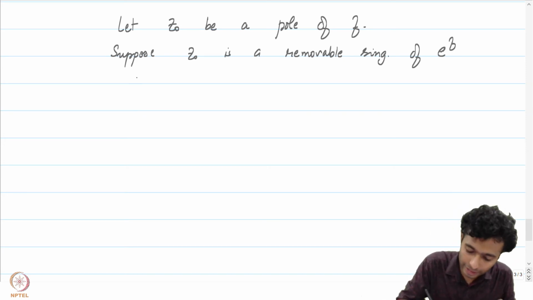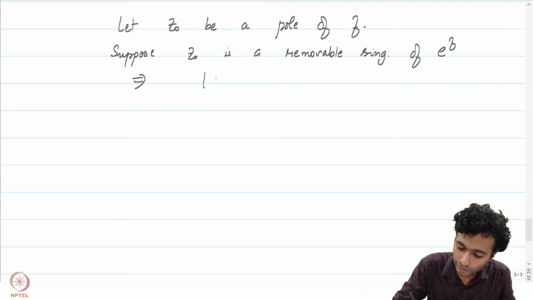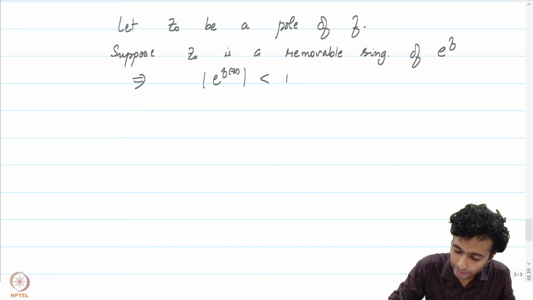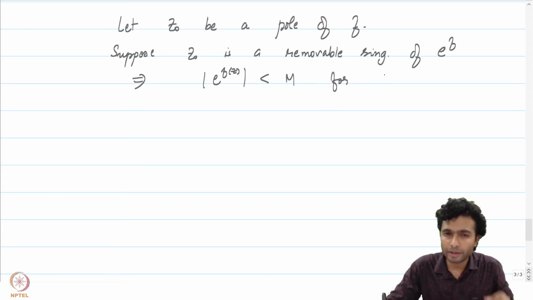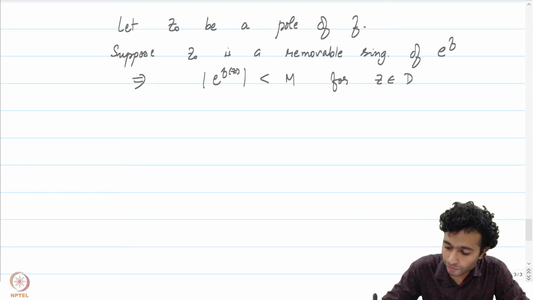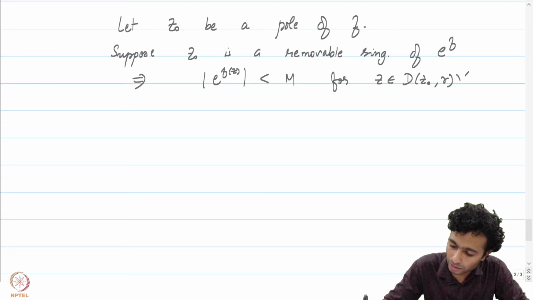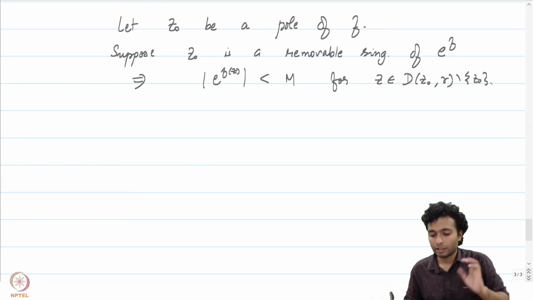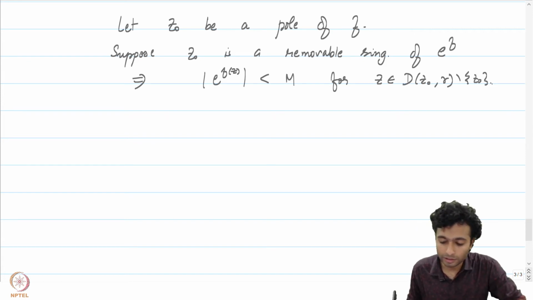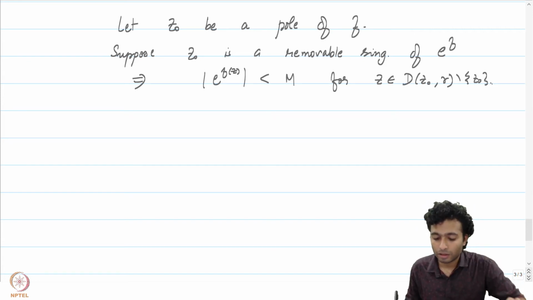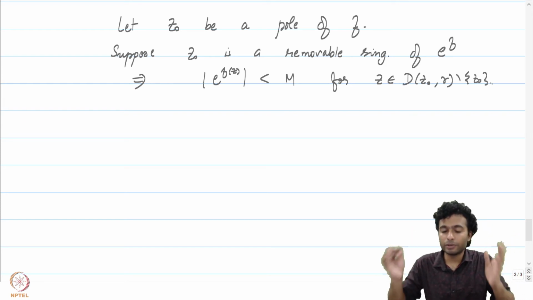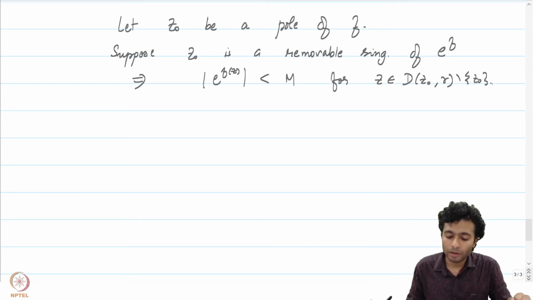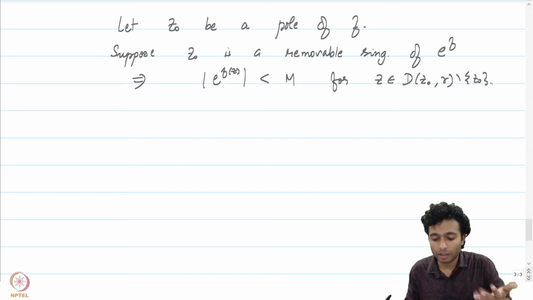Suppose z0 is a removable singularity. What does that mean? That means that the absolute value of e to the power f(z) is less than some number M, by going down to a smaller neighborhood if needed. By continuity, we do have this. I'll just call the same r the radius of the disk concerned. But what is the absolute value of e to the power w, where w is a plus ib?